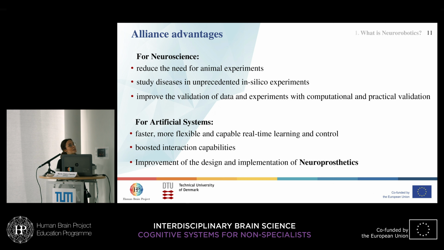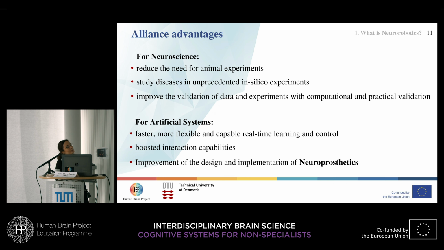So when we need to test anything, we can just do it, and the validation of the experiment will also be faster, because we can also try it in practice. And on the other hand, from the artificial system point of view, if we can actually mimic those complex systems, then maybe we can boost what we have. We can have faster, more flexible and capable real-time learning and control. And we can boost the interaction capabilities of the robot.